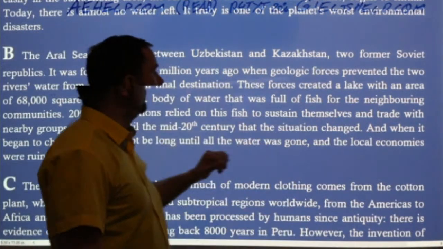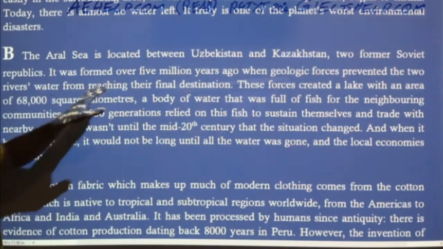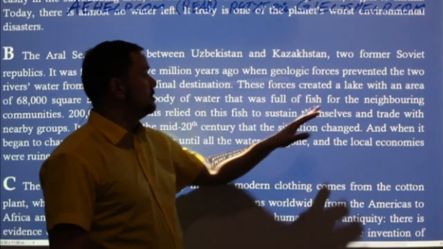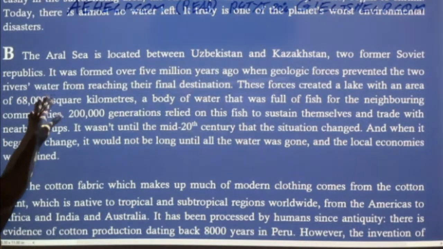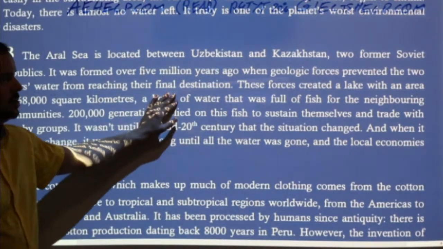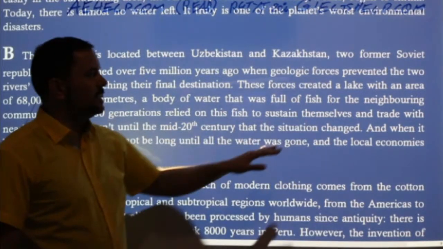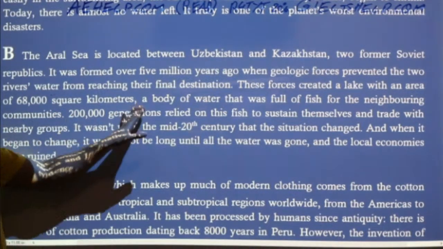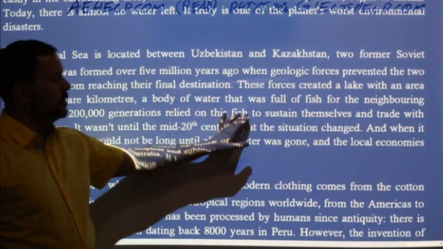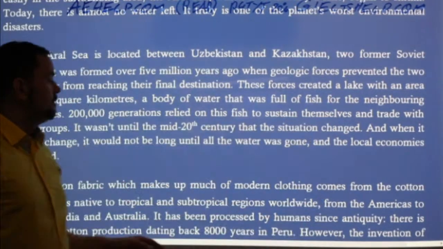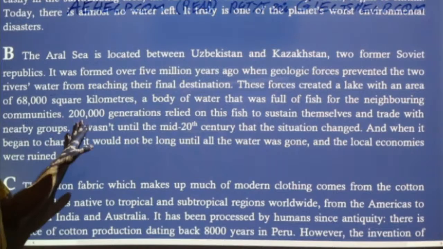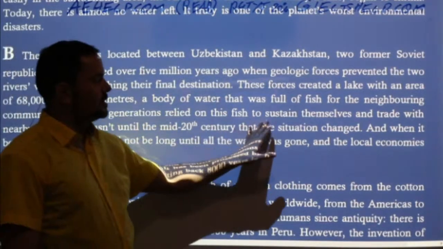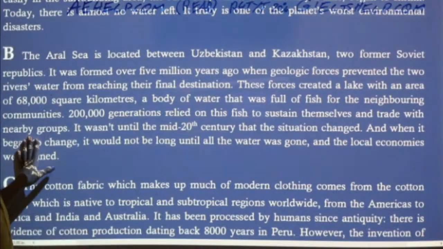Two former Soviet republics. It was formed over 5 million years ago when geologic forces prevented the two rivers' water from reaching their final destination. These forces created a lake with an area of 68,000 square kilometers, a body of water that was full of fish for the neighboring communities. 200,000 generations relied on this fish to sustain themselves and trade with nearby groups.